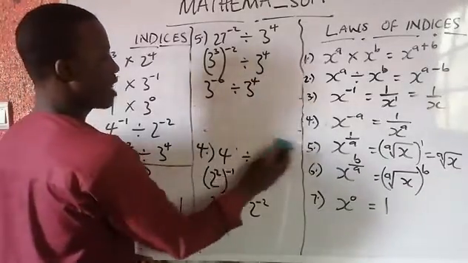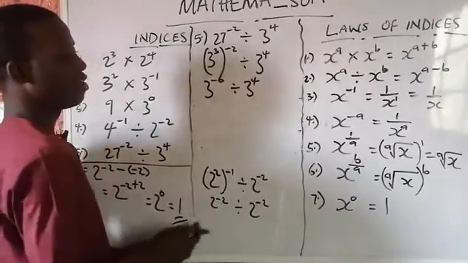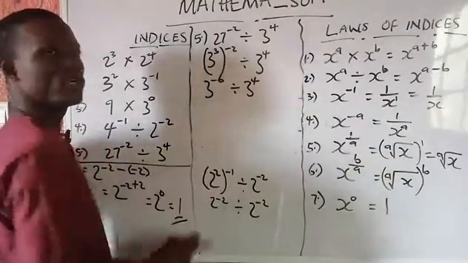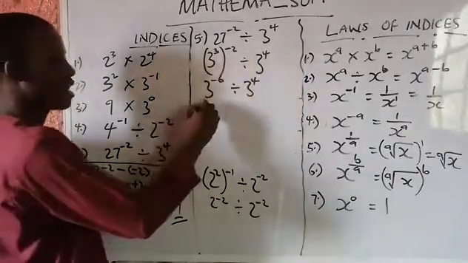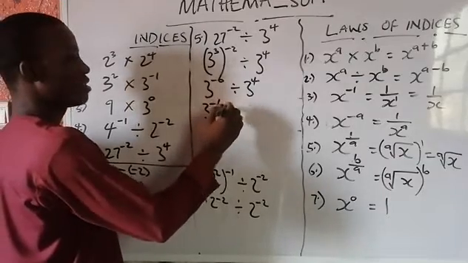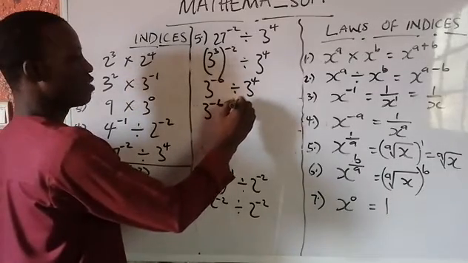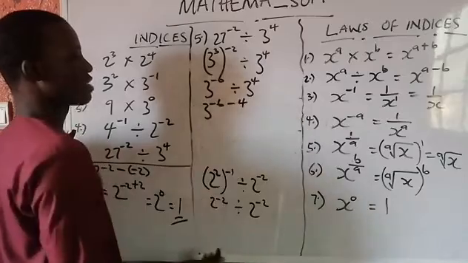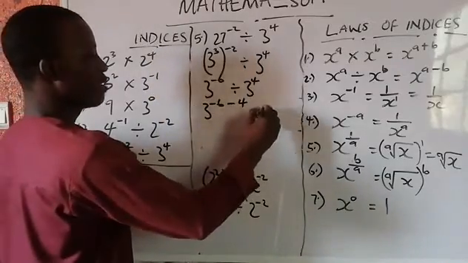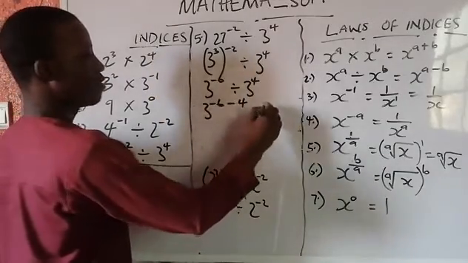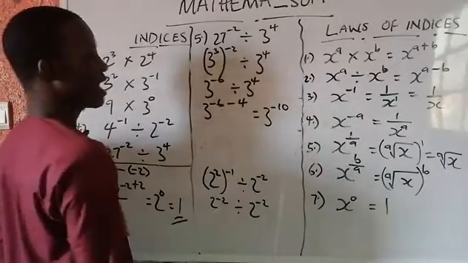So now I can apply the law because I now have the same base number. So I can say 3 raised power minus 6, division will change to minus, and then I have minus 4. And that will give me minus 6 minus 4. That will give me minus 10.